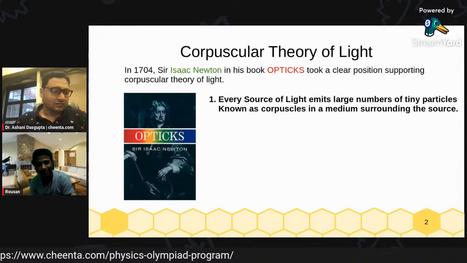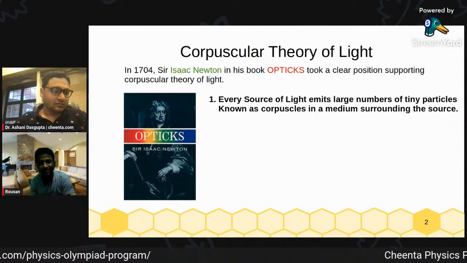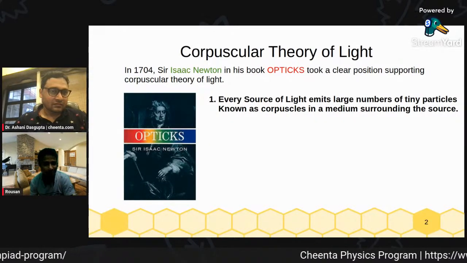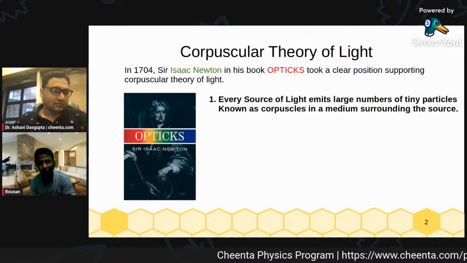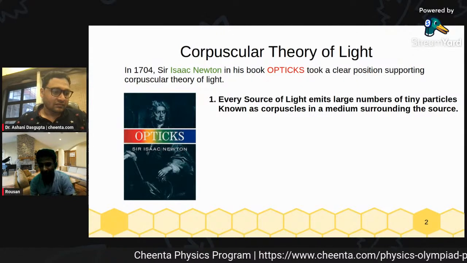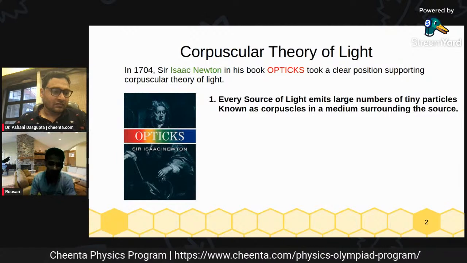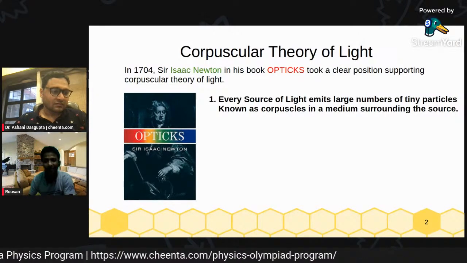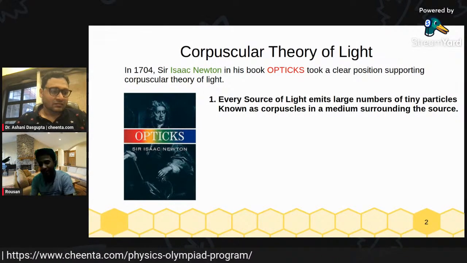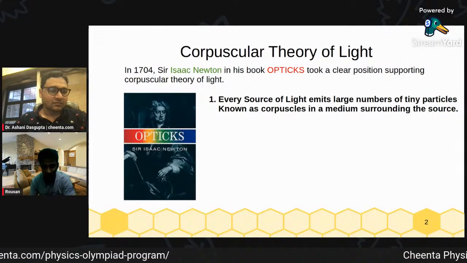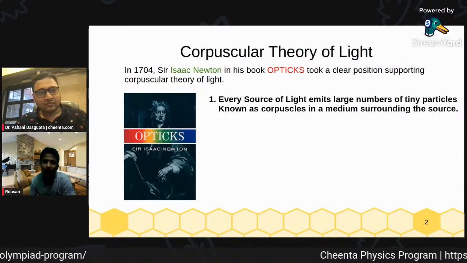Because Newton did all of his work with point particles, starting from Newton's first law to his gravitational law. So we expect that Newton will talk about tiny particles and explain everything in terms of particles. He does the same thing for light.